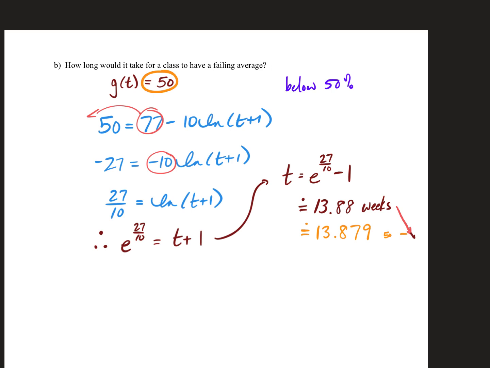Okay, here's where it gets a little complicated. The students are writing a test. And it says that they're going to write a test at the end of every week. So it's not like they're going to write a test at 13.88 weeks, because that's when it gets you 50. No. So really what it becomes then is each t represents a test. We can't write a part of a test.